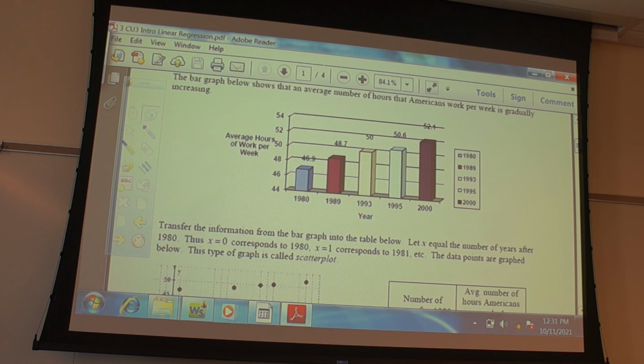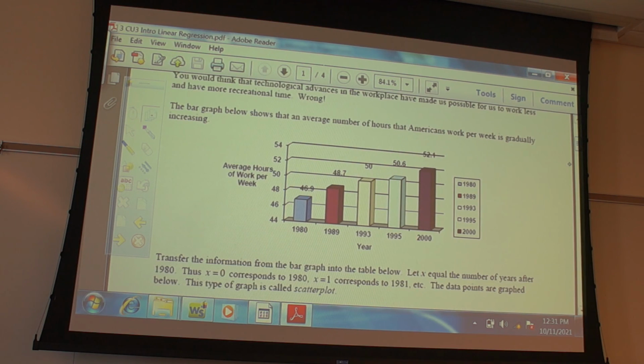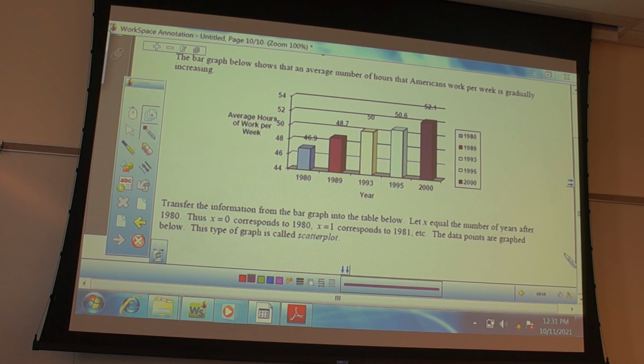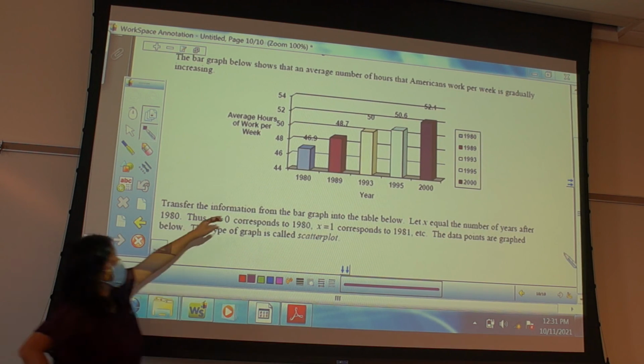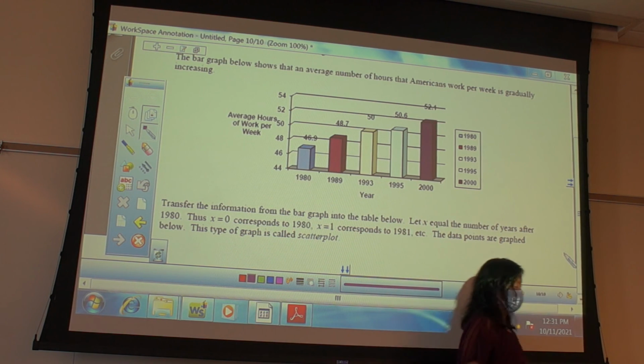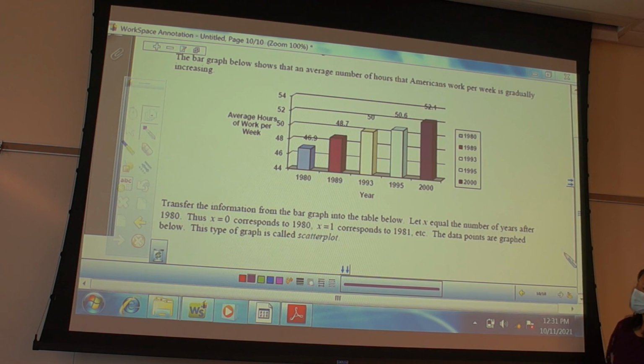Wrong. The bar graph below shows that the average number of hours that Americans work per week is gradually increasing. Yep, see that? As we go along, in the 80s, and then the late 80s and 90s, it went up more, and then 2000 went up more. So we're working more and more hours.